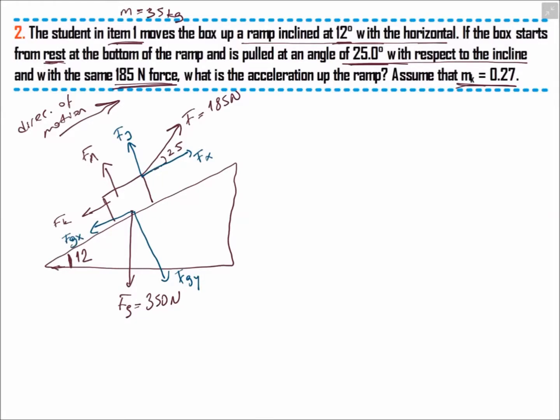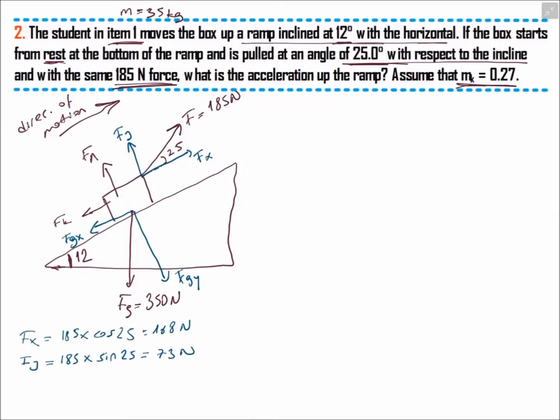The third step is to calculate the components. Fx equals 185 times cosine 25, that's equal to 168 Newton. Fy is 185 times sine 25, so that's equal to 73 Newton.